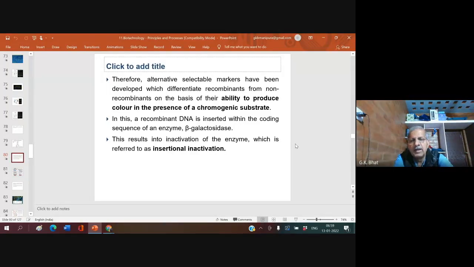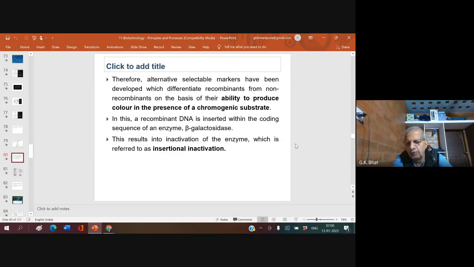In this, a recombinant DNA is inserted within the coding sequence of the enzyme beta galactosidase. This results in inactivation of the enzyme, which is referred to as insertional inactivation.